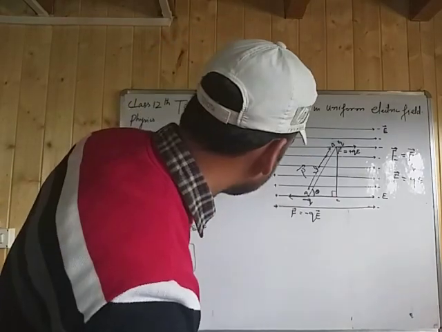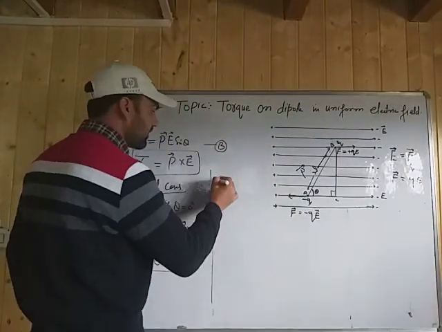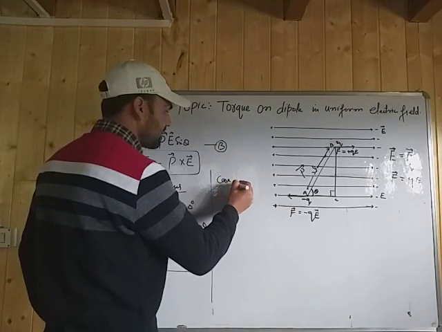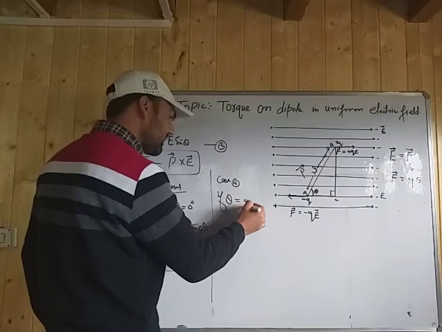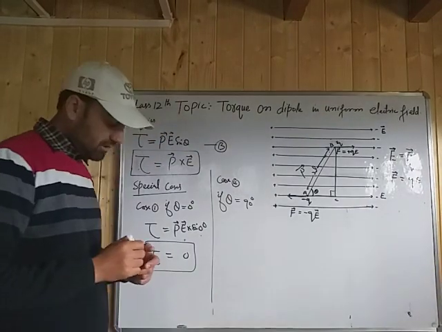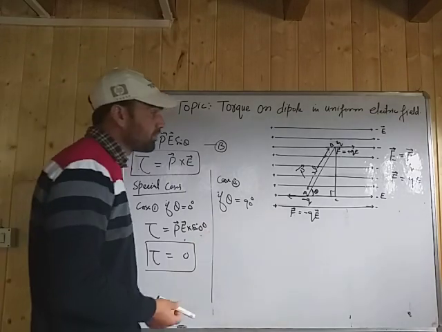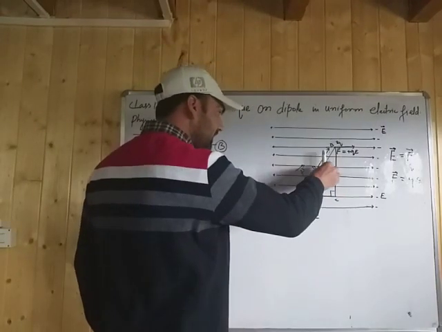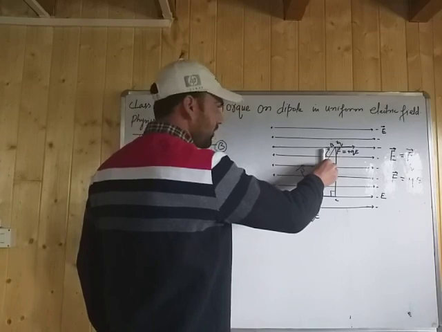Second case हम लेंगे यहाँ पर, case second. So if theta is equal to 90 degree, अगर theta 90 degree होगा, so that means this electric dipole is placed in the uniform electric field at right angle, perpendicular to the uniform electric field.